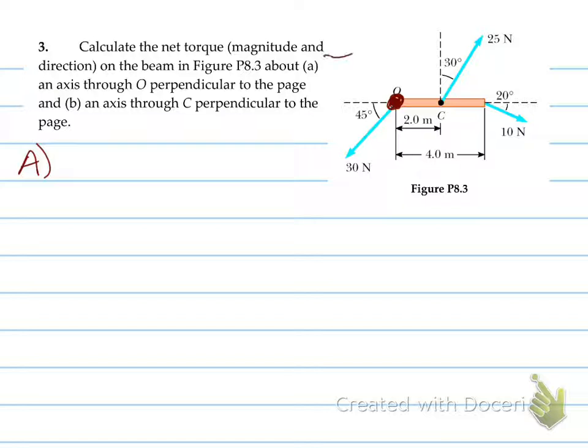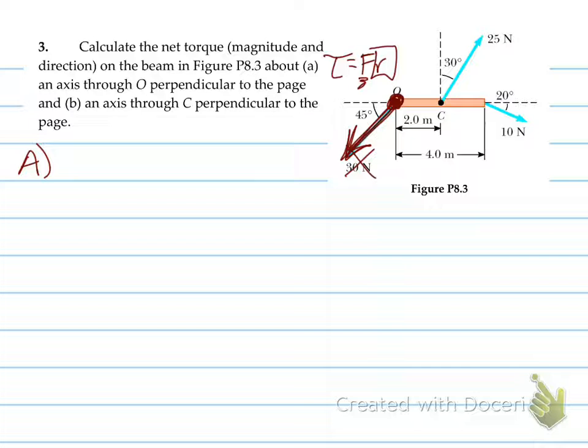Well, remember that torque is force times radius. It doesn't matter how strong the force is. If the radius is 0, which it is in the case of this force here, then that force we can totally ignore, because it doesn't cause torque, because it's acting at the point of rotation.